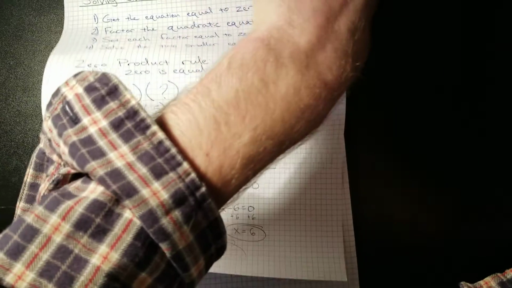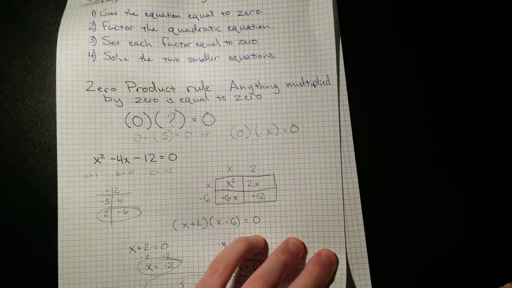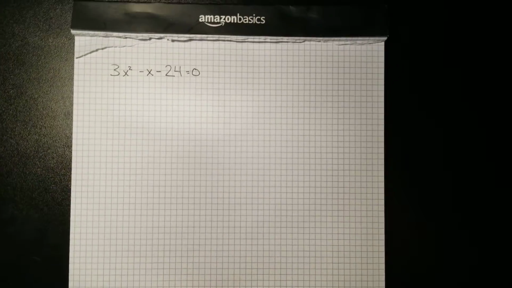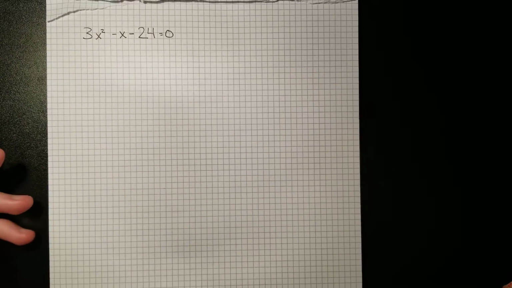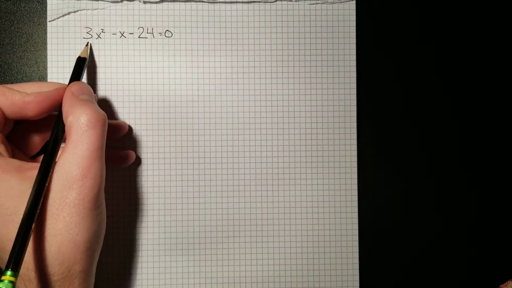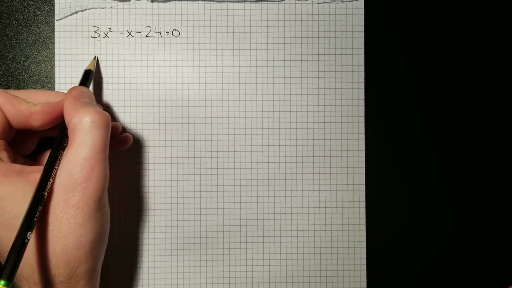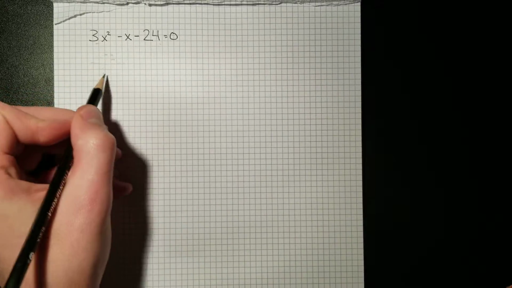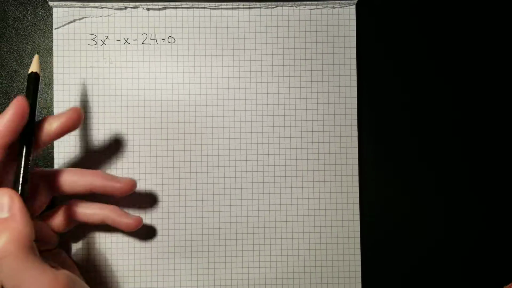All right. So let's do another equation. So this equation, 3x squared minus x minus 24 equals 0. So we're going to start by doing 3 times -24. That's -72. And we have to get -x.